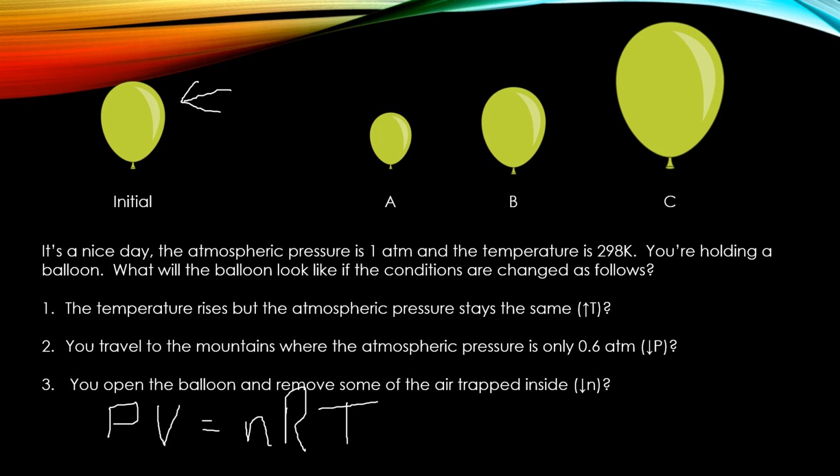A little easier way to look at it is if they're on the same side of the equation, they're inversely proportional. Pressure and volume are inversely proportional. N and T are actually inversely proportional, but it's kind of hard to get the conditions right for that to happen. But anything on this side is going to be directly proportional to the parameters on this side. So volume is directly proportional to the number of moles, as is pressure.